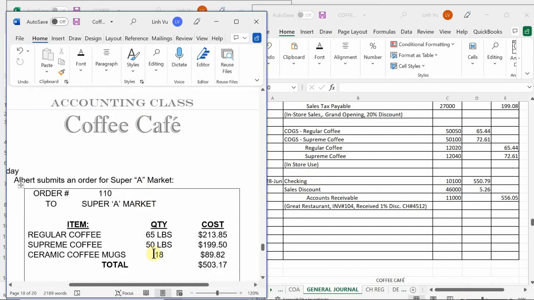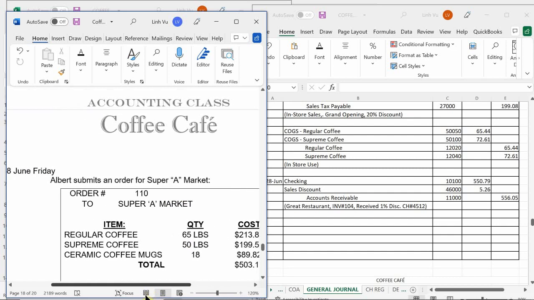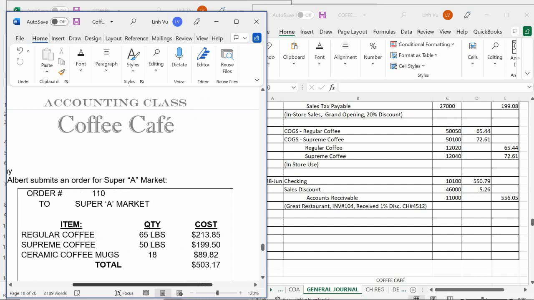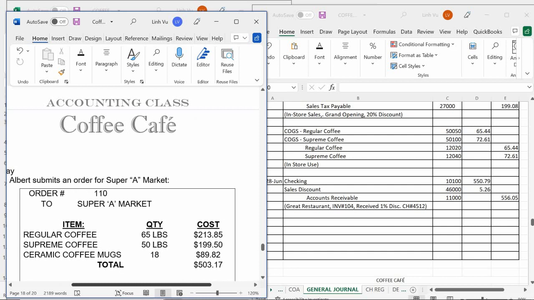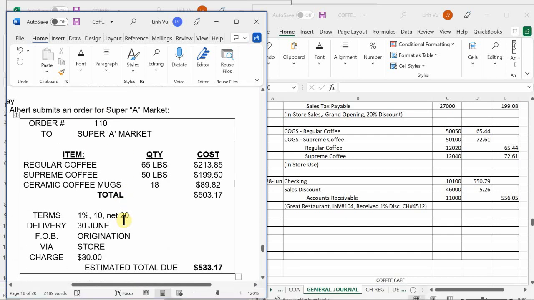Okay? Next, we end up submitting another order for Super A Market, and they want another 65 pounds of regular coffee and 50 pounds of Supreme coffee with an additional 18 coffee mugs. Okay, this is Super A Market, which we're going to do as sales order number 110.